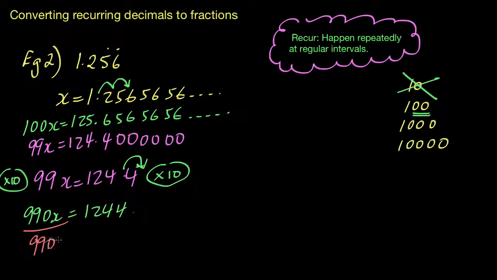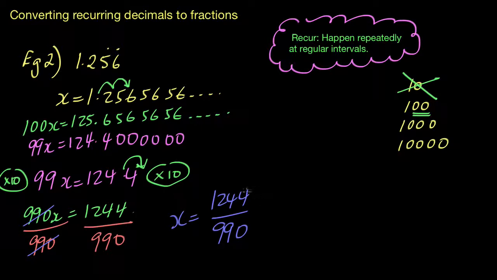So divide by 990, divide the right-hand side by 990 to keep things fair, and now we can cancel things out. So what I've got is 990 divided by 990, they cancel out, and you're left with the x. So we've got x equals 1,244 divided by 990.